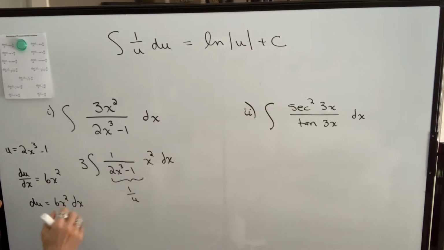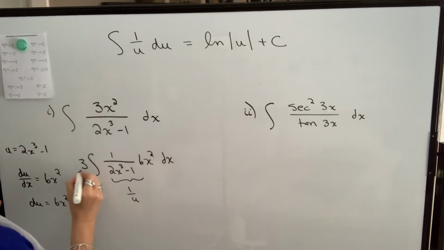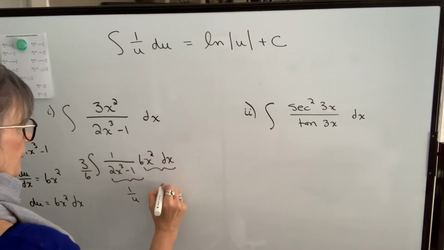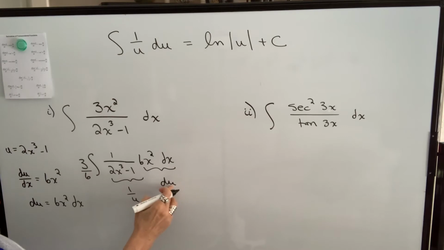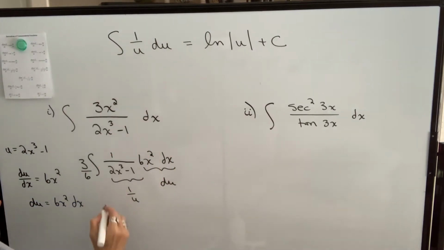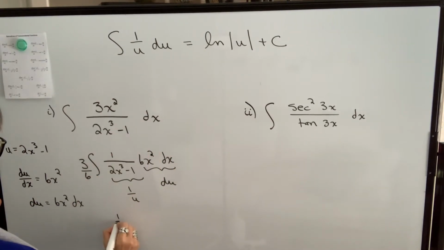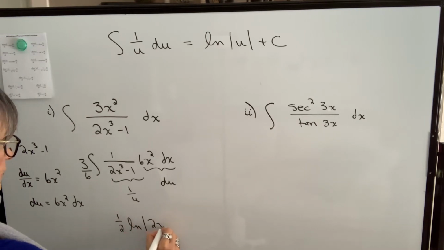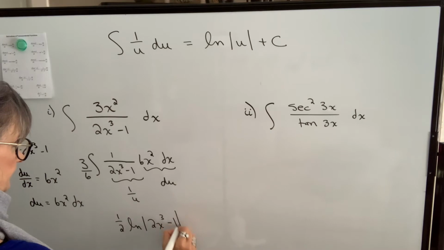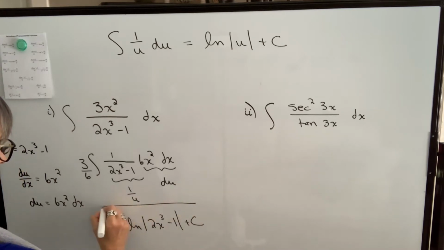We can introduce a 6. As long as we are multiplying by 6, we also divide by 6. So now that I have it of the form 1 over u du, I can integrate, and this will be 3/6, which is 1/2, times the natural log of the absolute value of 2x cubed minus 1 plus c.